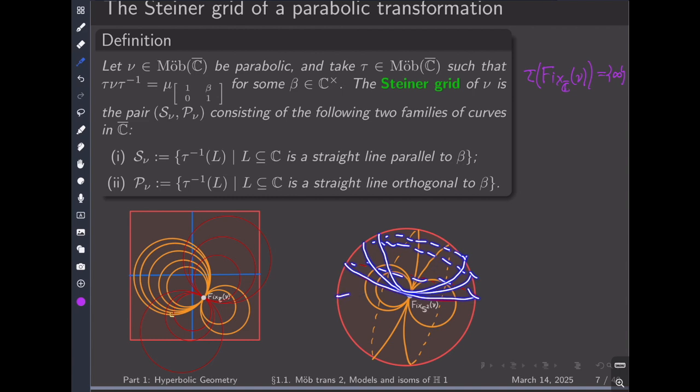So the tangent vectors are chosen. They are actually determined by this beta. No, they are determined by nu.